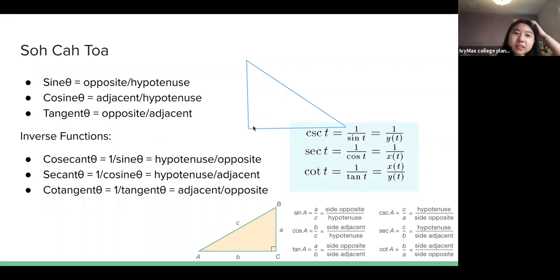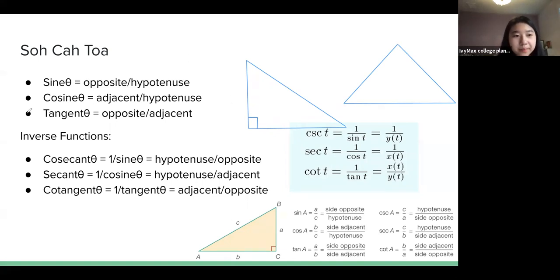For SOHCAHTOA, the sine, cosine, and tangent formulas can only be used in a right triangle. So if you have something like this, you cannot use these formulas. It's only used for a right angle.